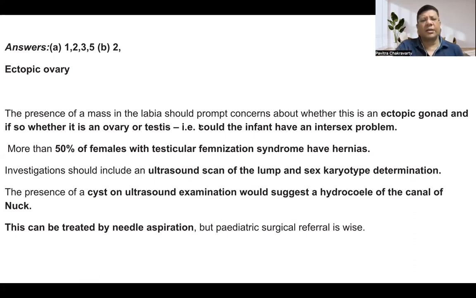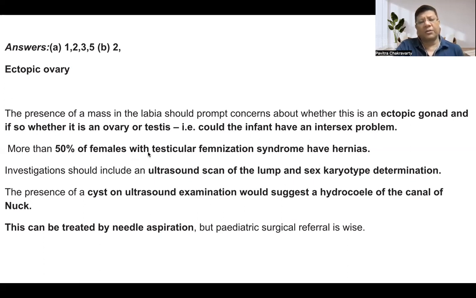So presence of a mass in the labia should prompt concerns about whether it's an ectopic gonad. Basically, the first thing, rather than hernia, especially with a mass in the labia, you should think it's a gonad, and that's why this question is so important. So it could be ovary or testis, and the infant could have an intersex problem.